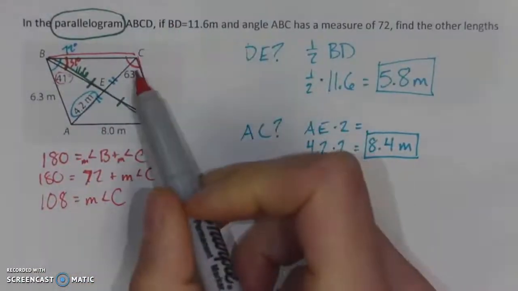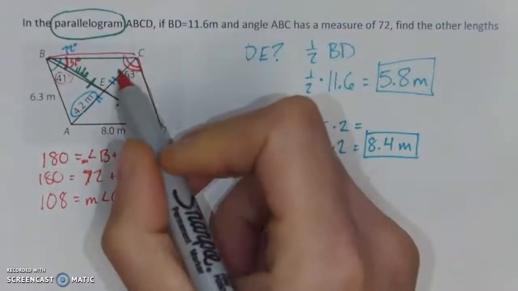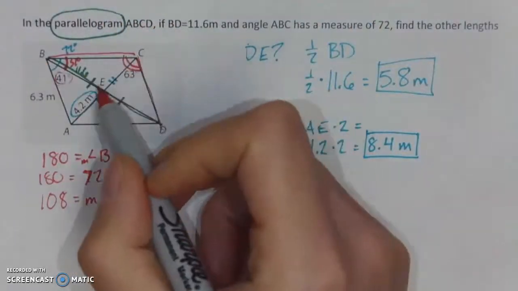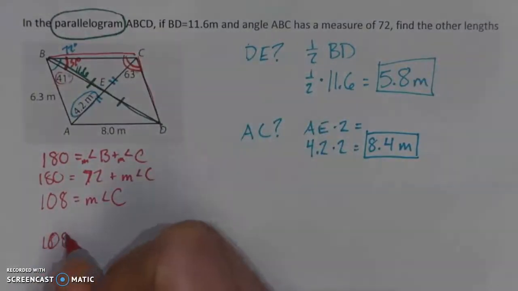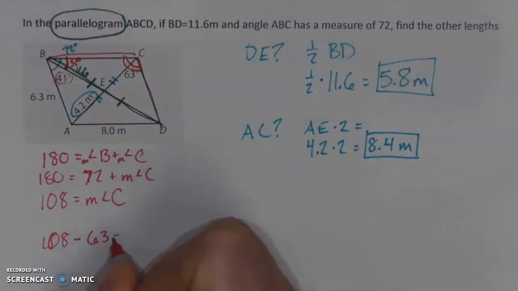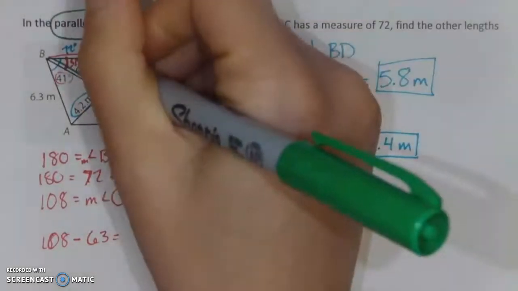Now, if I want to go a little bit more in detail and say, okay, then what is this angle, this BCE? Well, I can take 108 minus 63, and I'll have my answer. In fact, I can see that that's going to be an answer of 45.